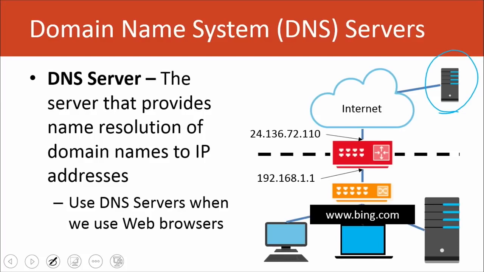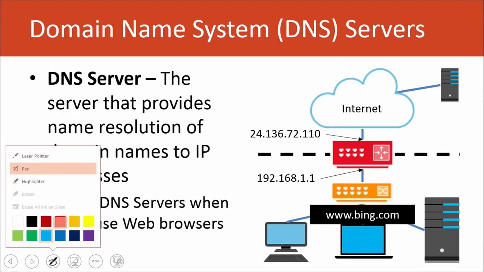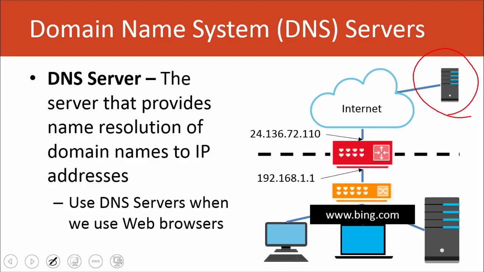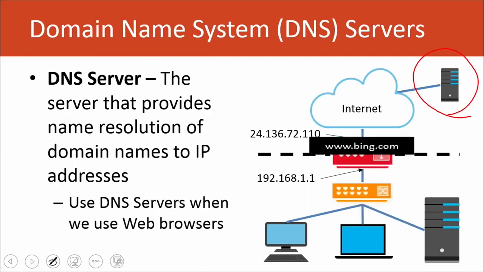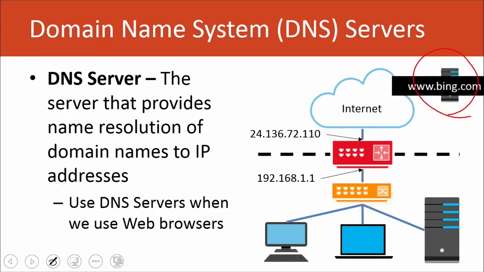And so let me actually erase the ink because I think my animation is going to cause me troubles and make me back up with what I just said here. But let's now pretend that that's not the Bing server, but it's actually a domain name system server, a DNS server. And so what's going to happen is we're going to type bing.com into our browser, and then that information is going to be relayed to the DNS server.